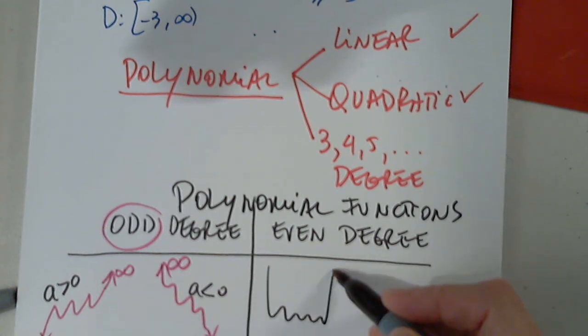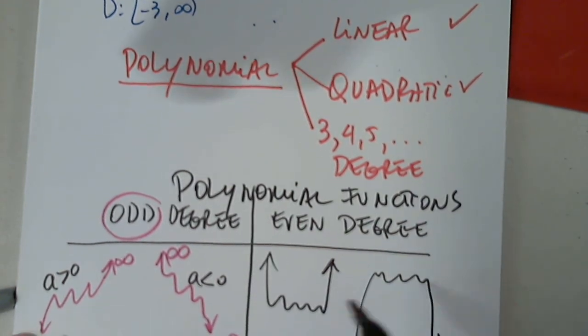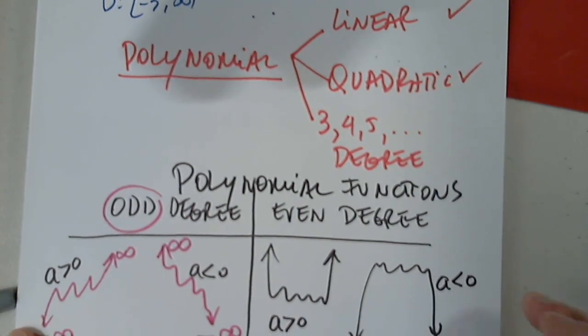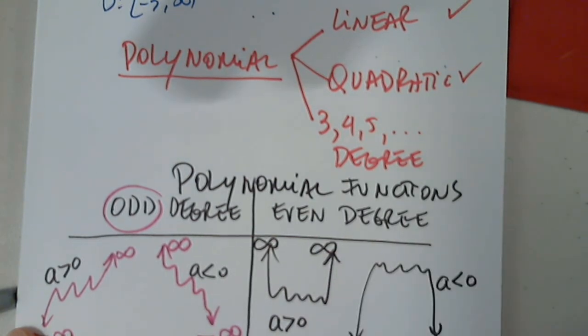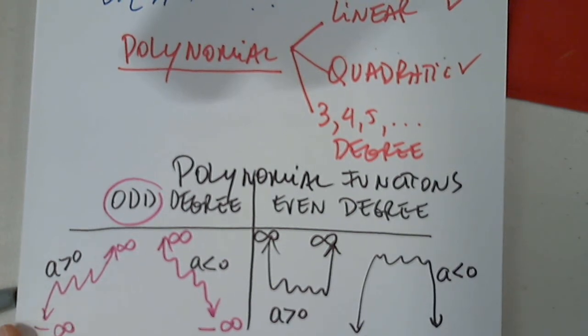They either do this or do this, like x squared or negative x squared. Of course, the leading coefficient is positive here, and negative here. This one comes from positive infinity and goes back to positive infinity, and this one comes from negative infinity and goes back to negative infinity.